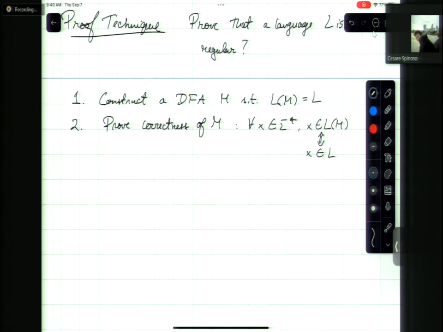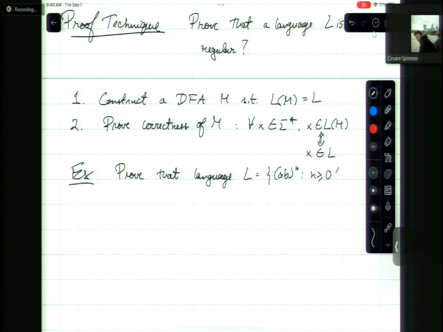Let me start with an example. The example here is: prove that the language L, which is equal to a^n b^n for n greater or equal to 0, is regular.